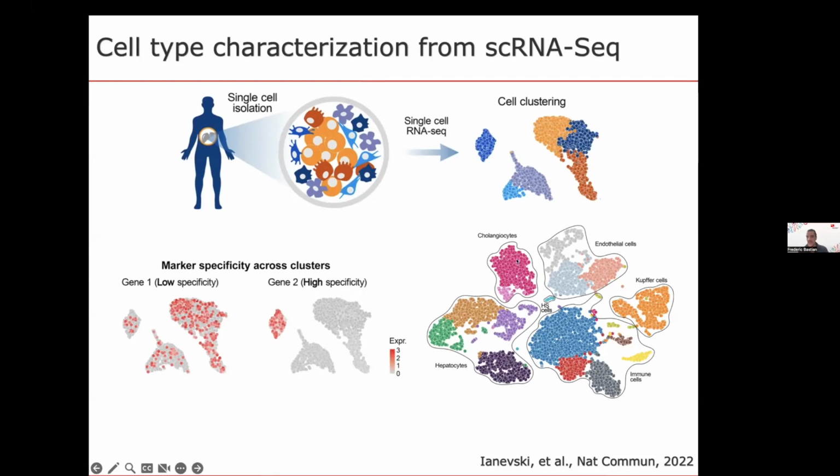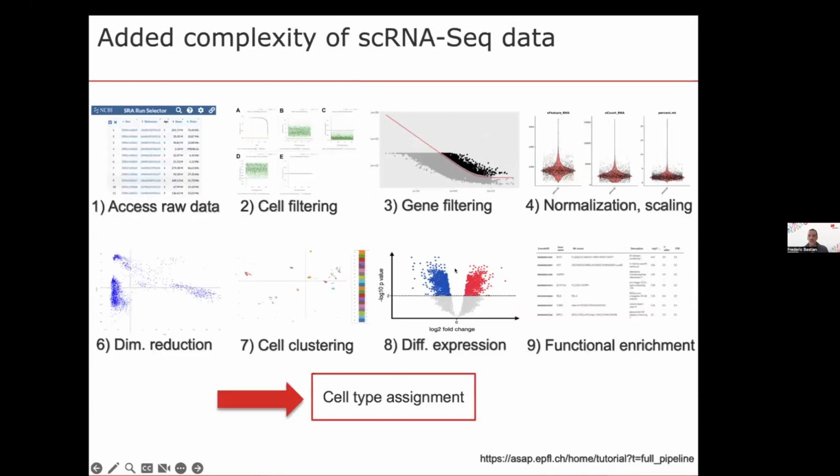At the end, the authors will provide an annotation of each cell population, where they try to identify what those cells were doing. So in all of these steps, it's really an added complexity as compared to bulk RNA-Seq data regarding annotation. You need to retrieve the raw data with the barcode files, and then many steps are processed: you filter cells, you filter genes, you normalize, and you do a dimensional reduction.